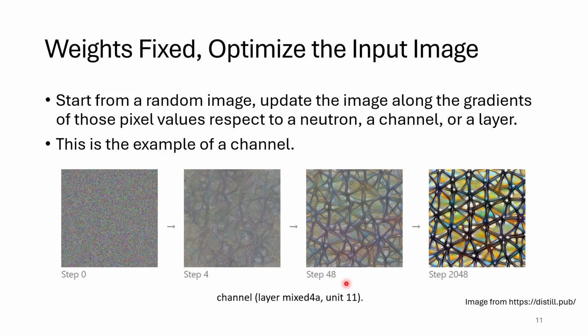At step 48, this image, and after 2,000 steps, this image. This image is not realistic, not a real-world image, but it will generate a very, very large activation value for the mixed4a unit.